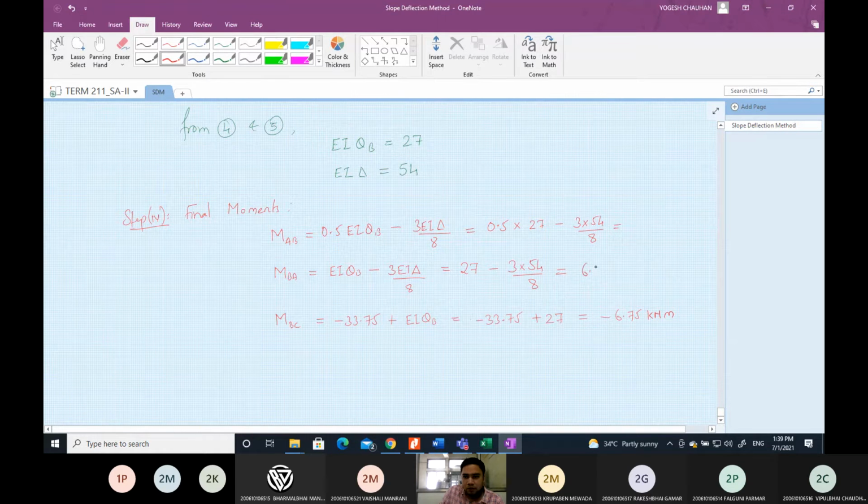So MBA will be 6.75 kilonewton meter, and MBC will be minus 6.75 kilonewton meter, and MCB equals 0 kilonewton meter.